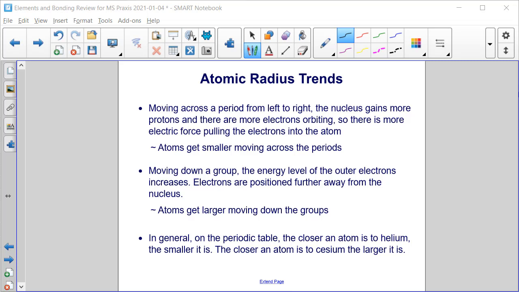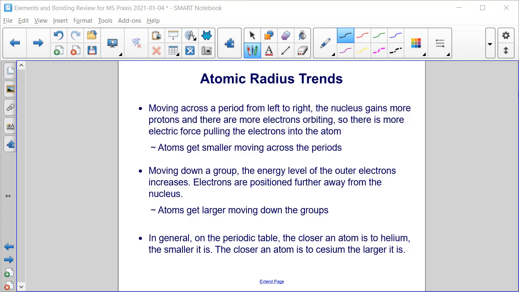So you have more electric force pulling the electrons into the atom. That force between the positive nucleus and the negative electrons surrounding gets bigger. As a result, those electrons are more attracted to the nucleus. They kind of pull in a little bit. And as a result, atoms get smaller moving across the period.